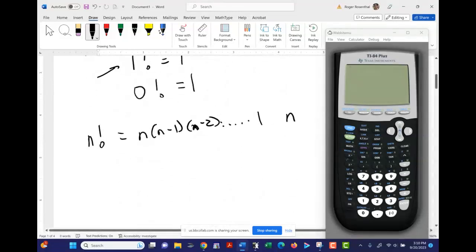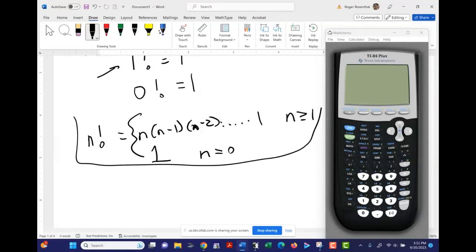Then it will give you that. So it only works if n is greater than or equal to 1. If n is equal to 0, then what you end up getting is the number 1. Technically, this is what n factorial really means. You do not need to know this, but I'm just trying to be technically correct here.